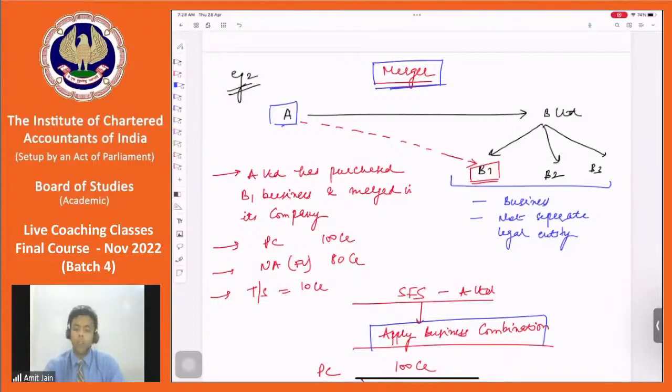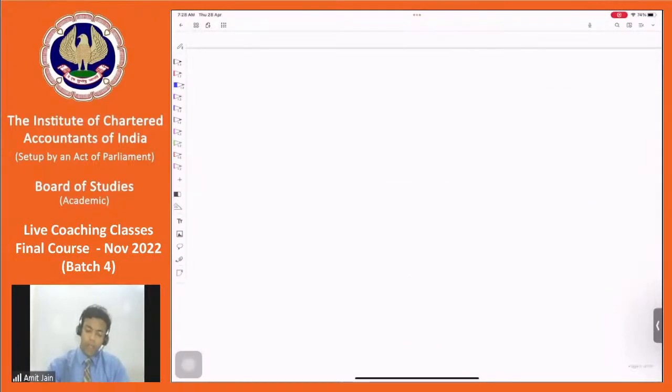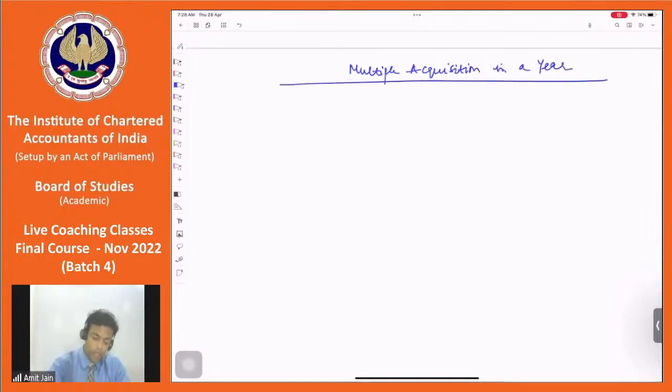Okay. So business combination, let's say, I think Kumar Mangalam, what you're talking about, multiple acquisition in a year. Right?